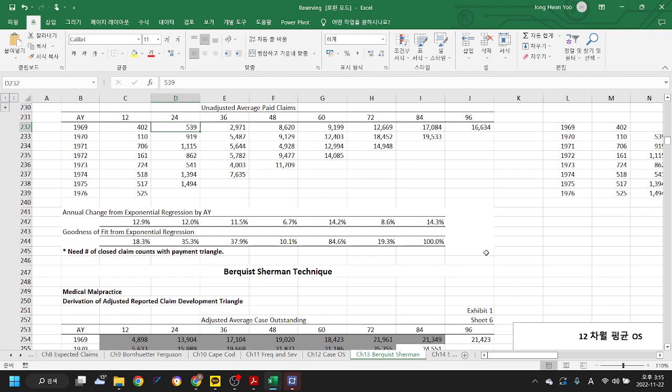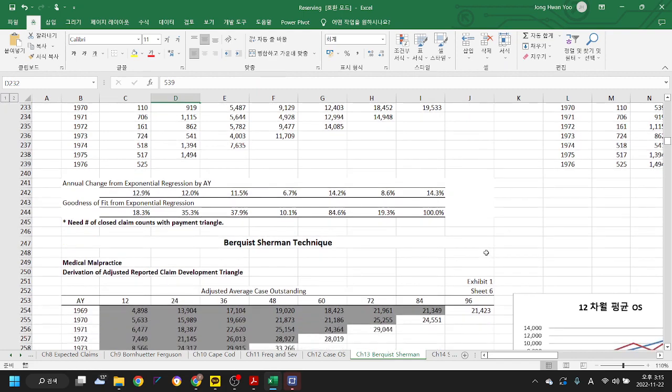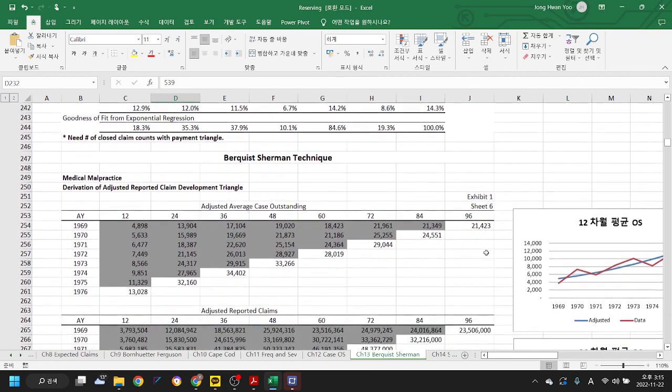So he chose the trend factor from the unadjusted average case outstanding. I would say he used that trend factor of 15% to detrend the average case outstanding. So only the most recent diagonal here is the same as the unadjusted average case outstanding.